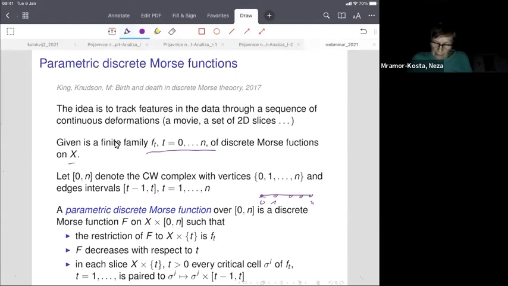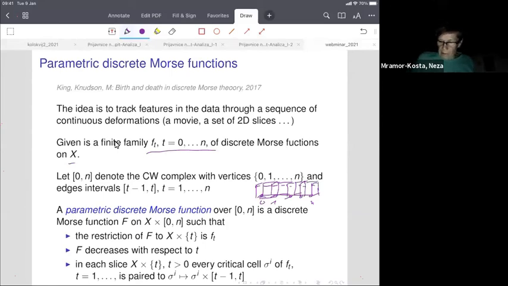So we have all these slices which correspond to X above all these points, and also above the edges in between. We're forming this bigger, higher dimensional thing over here.